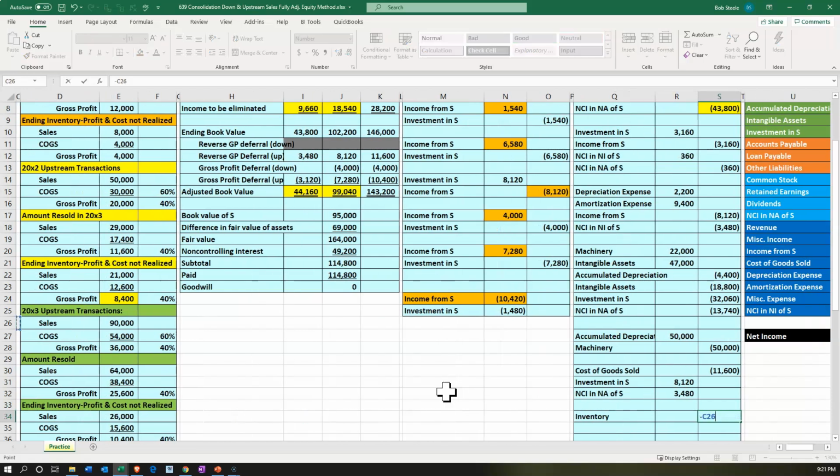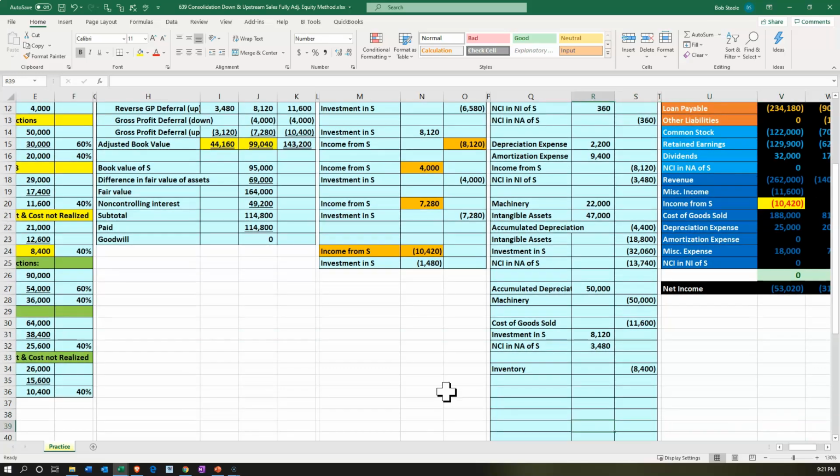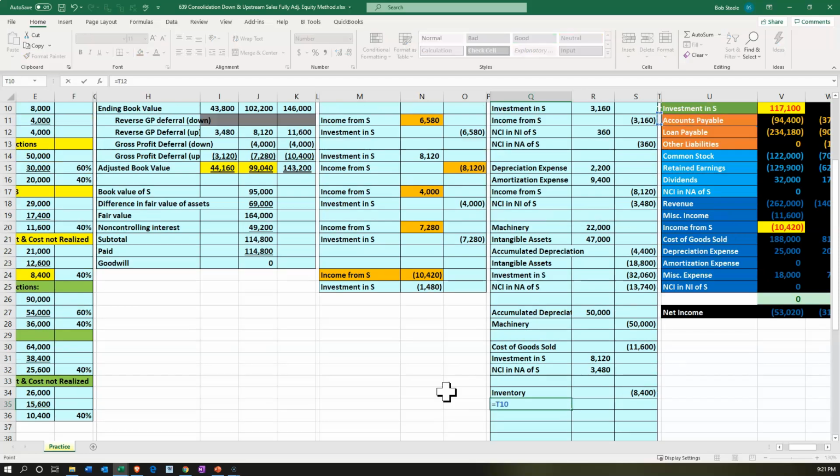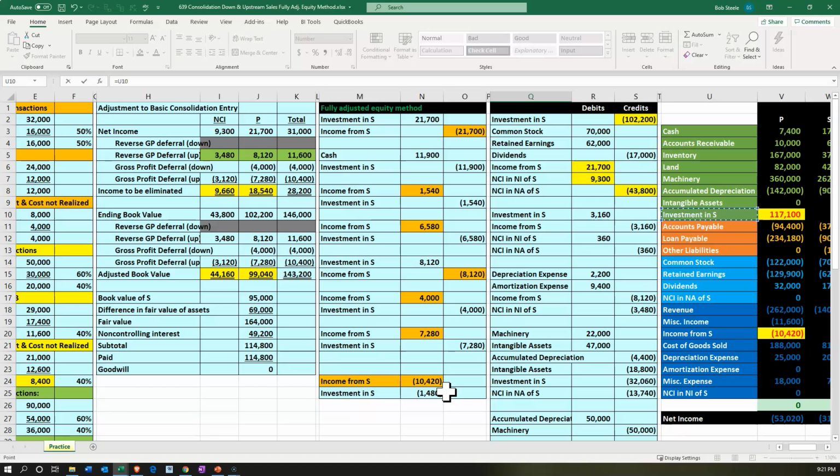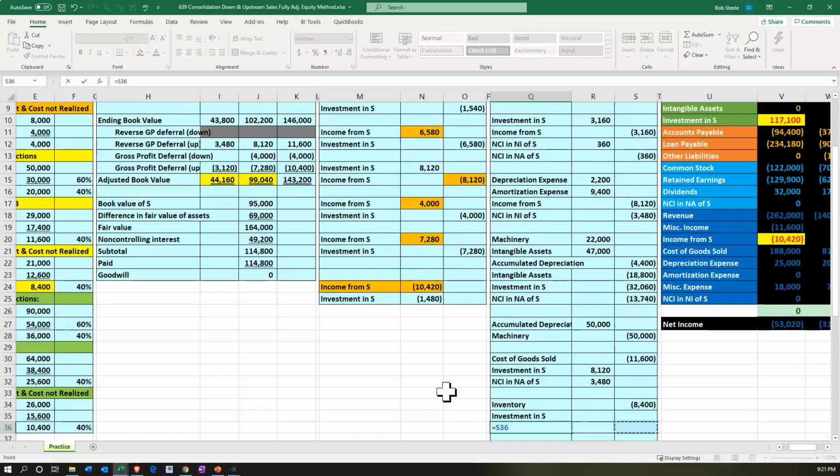So we're going to be picking up that 8,400. Then we're going to break this out in our normal split, the 70-30, to the investment account, the balance sheet accounts up top, the investment in S, and then the non-controlling interest net assets, 70-30 split.